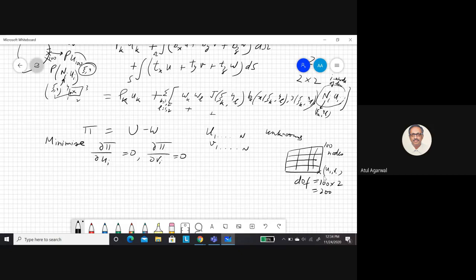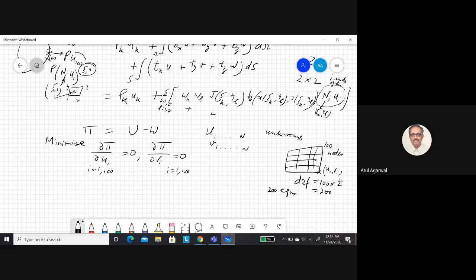So how many equations do you need to solve 200 unknowns? 200 equations. So this will give you the same number of equations. You are finding the minimum of this pi by taking the derivative with each of them 0. So I goes from 1 to 100. Is it okay? So you are generating the same number of equations as your unknowns.